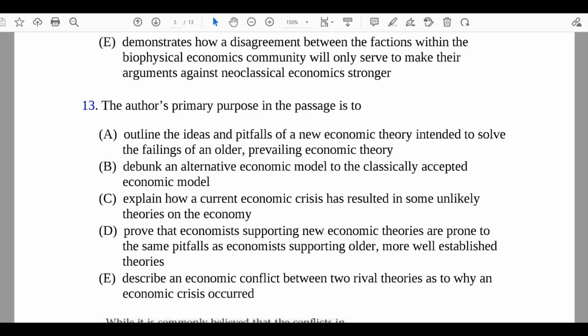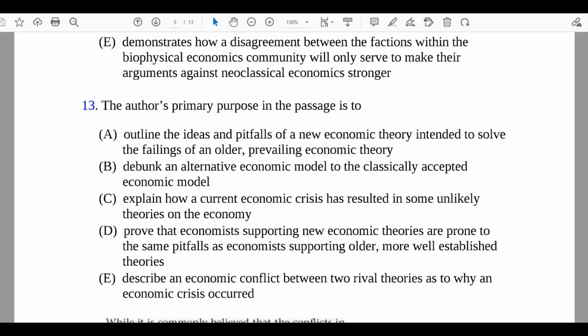Let's analyze answer B. This cannot be correct because the passage doesn't favor the classical economic model over the biophysical economic model. If anything, the passage gives the new model equal standing to the classical model. Answer C makes the economic crisis responsible for the development of the biophysical economic theories, but the passage says the crisis resulted in disenchantment with the old model.